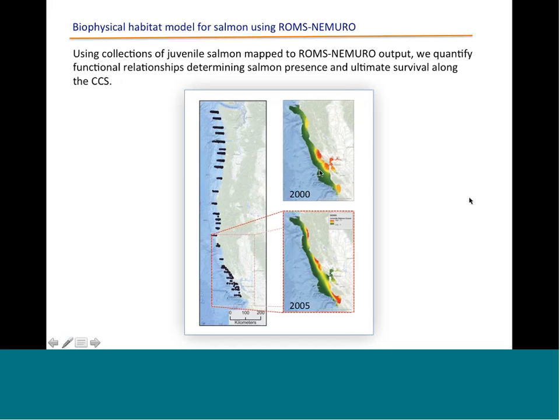In 2000, you'll notice there's this big red area of very high-quality environment where salmon come out. In 2005, there happens to be one giant hole there. So again, with what we understand of the emergent quality of the system, the evolution of the prey base, and then using these models in concert with what we see in terms of where salmon like to exist, we can actually start understanding how the environment's affecting salmon once they get to the ocean.